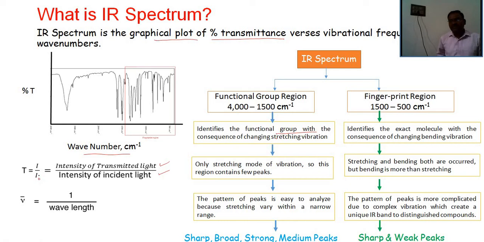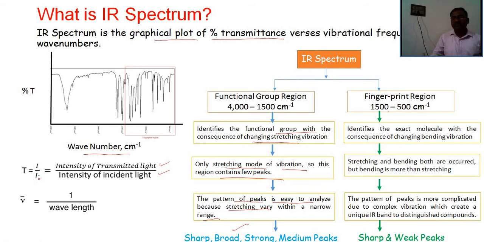These functional groups are identified through changing stretching vibrations. Only the stretching mode of vibration occurs, so that region contains few peaks. The pattern of peaks is easy to analyze because stretching varies within a narrow range. We get sharp, broad, strong and medium peaks.